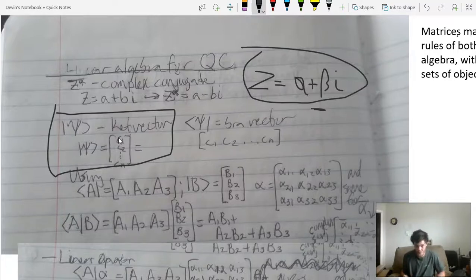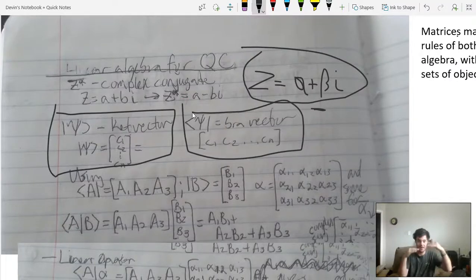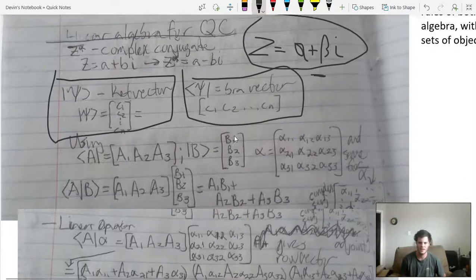And when you multiply a ket vector by a bra vector, which is set the other way, it's a complex conjugate really. You use these complex conjugates on each other and multiply them in a matrix form. So the complex conjugate of this ket vector is a bra vector. I think I got that right.